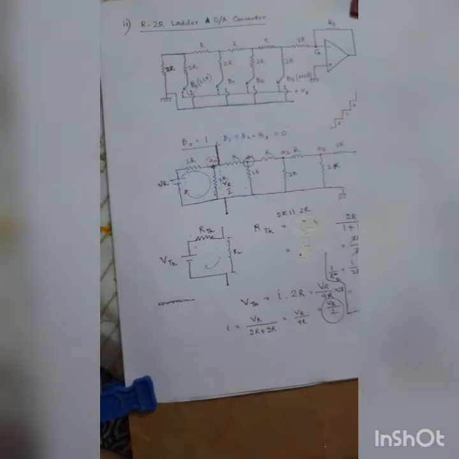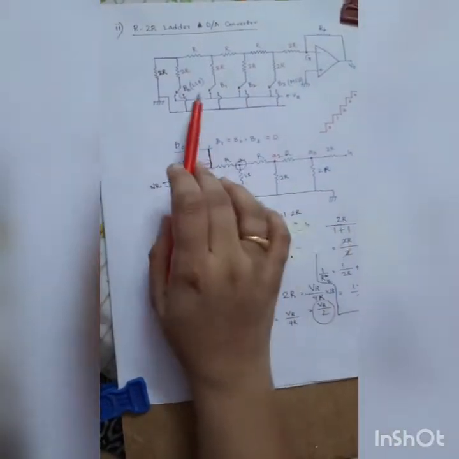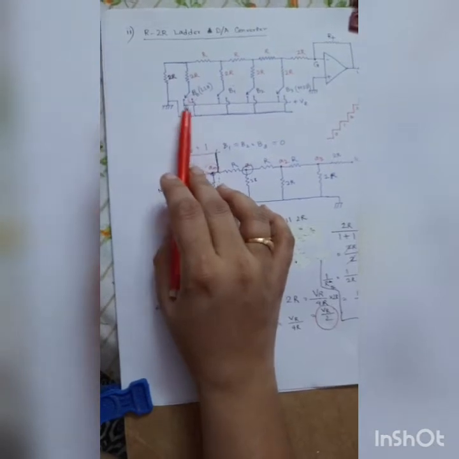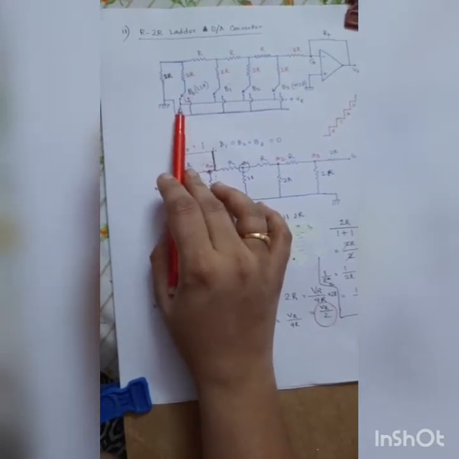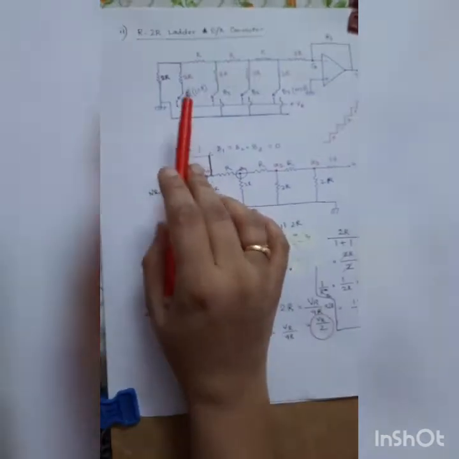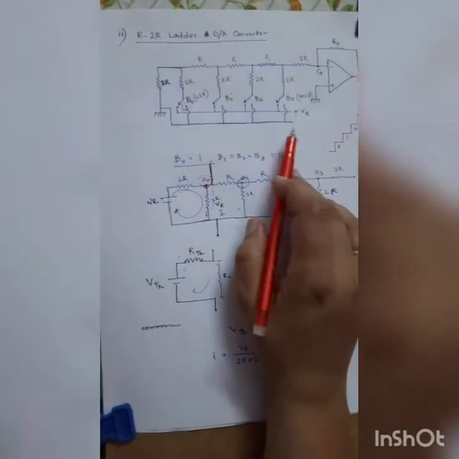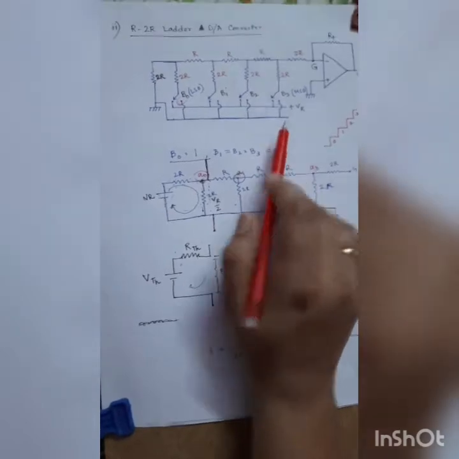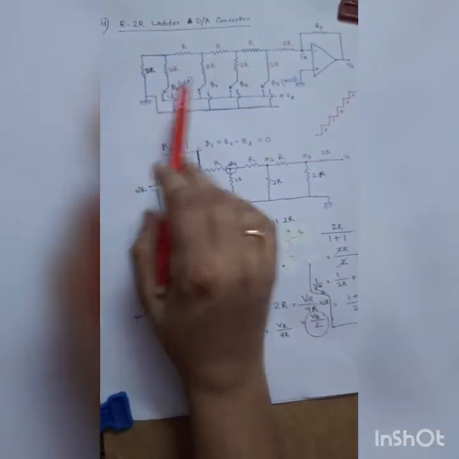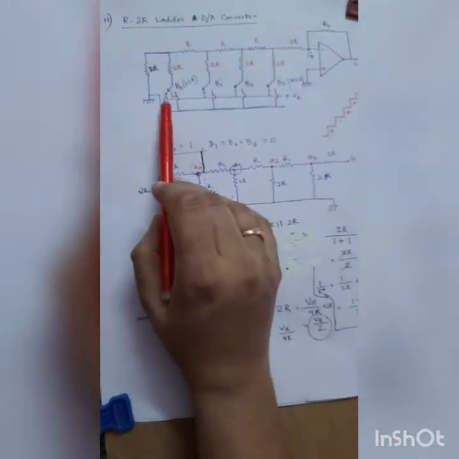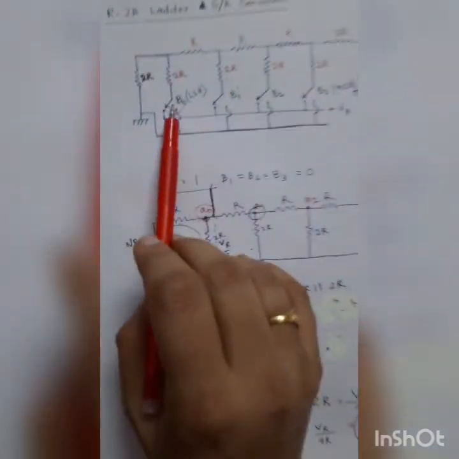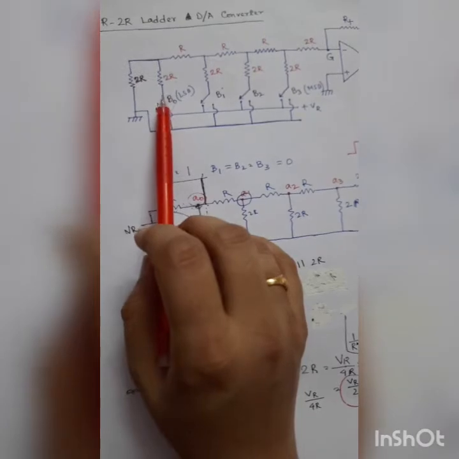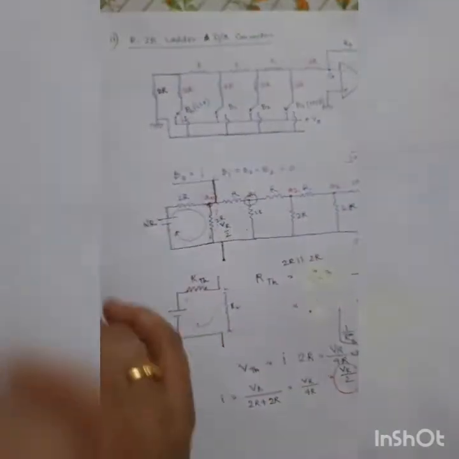The switch has 2 options. One is the on state, that is B0 is 1, and another one is the off state, that is B0 is grounded. So when this connection is closed with VR, the voltage VR will be passed through this resistance.